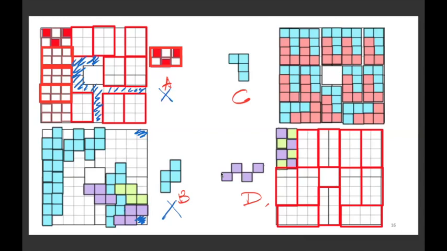In case of C, the grid happens here like this. So yes, C is possible. We need a 4 by 2 grid, which works.